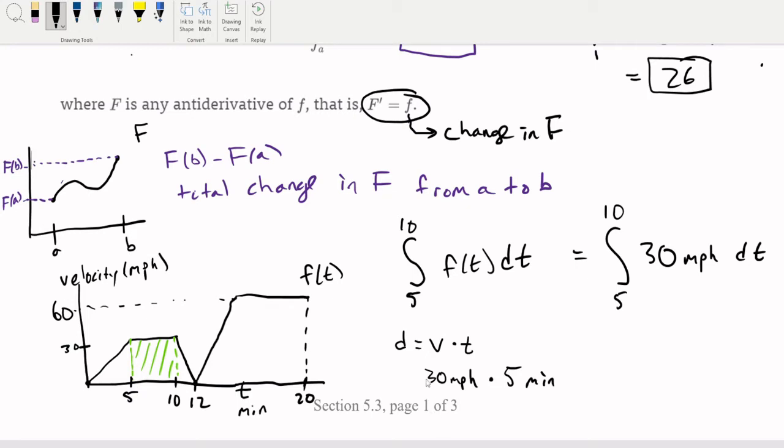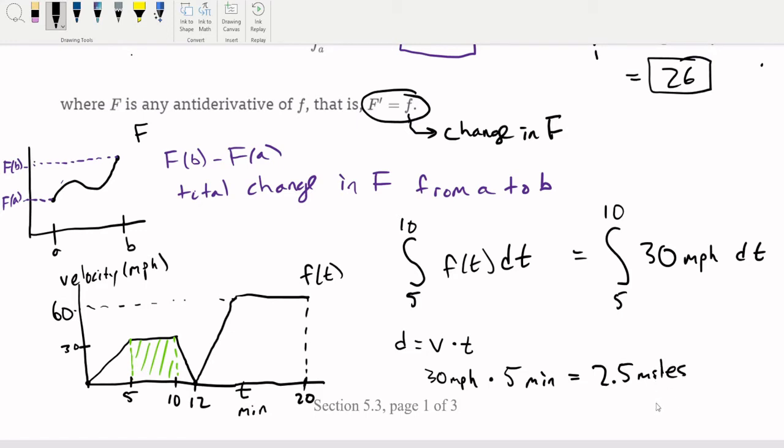We've got to be a little careful here with units. This is one of the things that could mess us up. I've got to convert 5 minutes into hours. So divide that by 60 and then multiply by 30, and you end up getting that I have gone 2.5 miles.